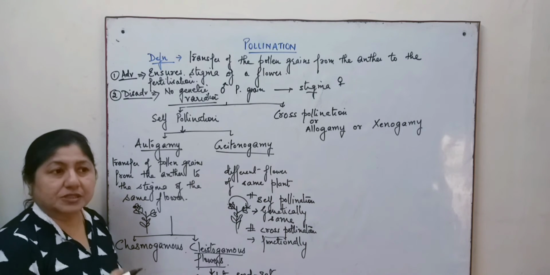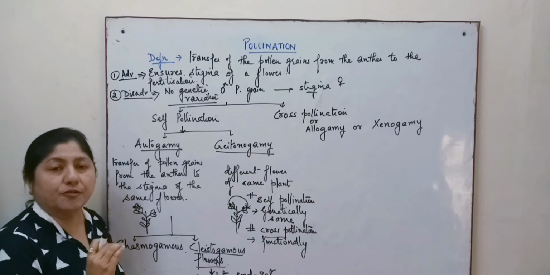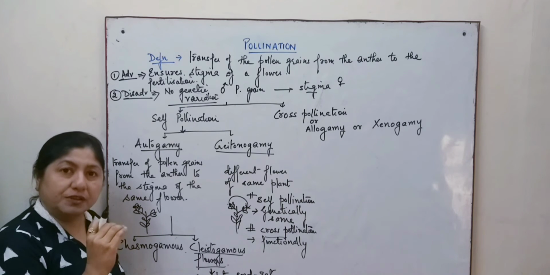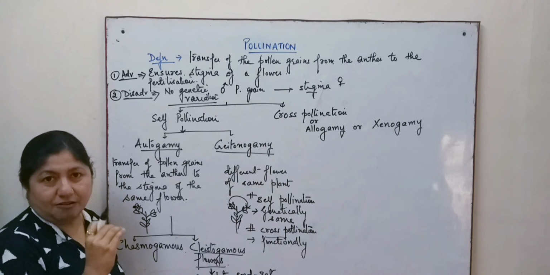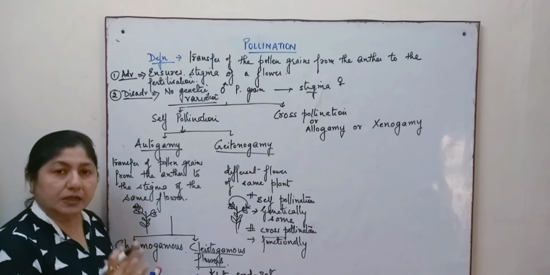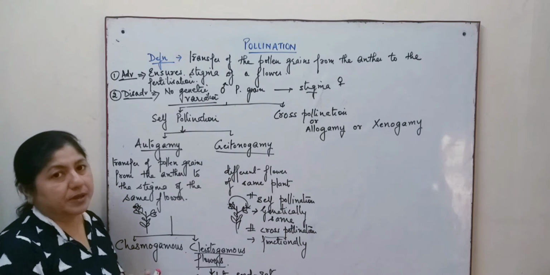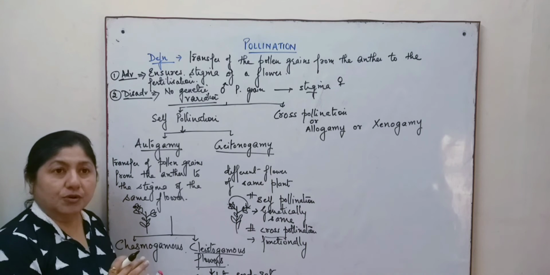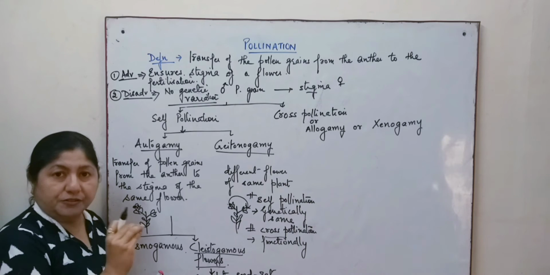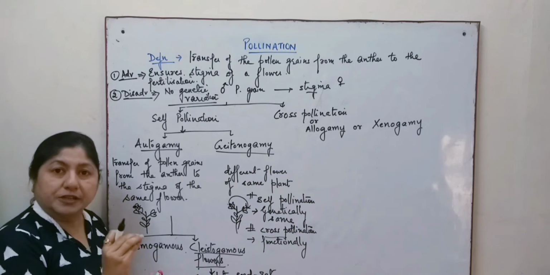The second important condition is that the time of the maturation of the pollen grain and that of the formation of the egg cell, or the embryo sac, should be synchronized, so that when the pollen grains land onto the mature stigma, the fertilization can be brought about. And also the position of the stigma and the pollen grain should be so close to each other so as to bring about the pollination effectively.